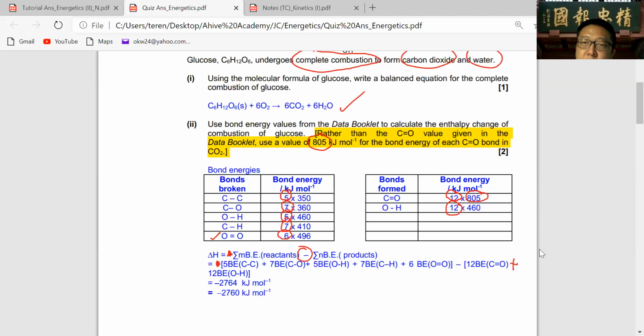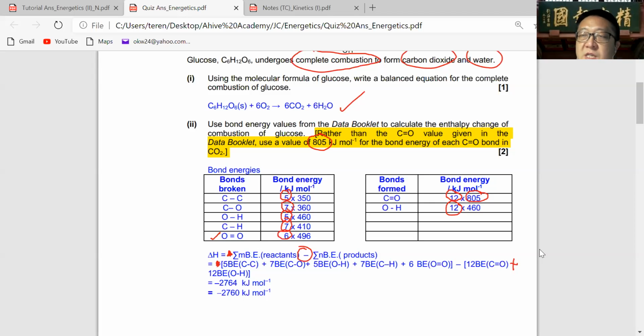Okay, I give you all 1-2 minutes. Insert all the numbers in and calculate. Make sure you can get the answer. 2764 kilojoules.